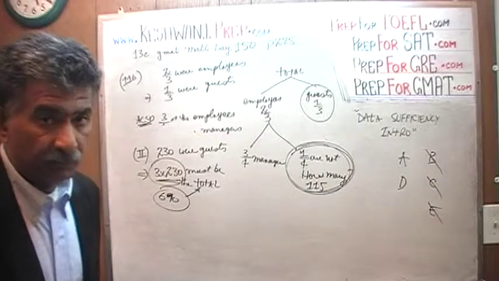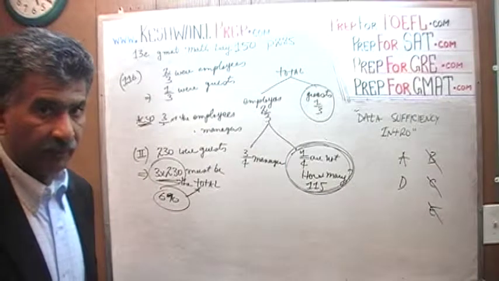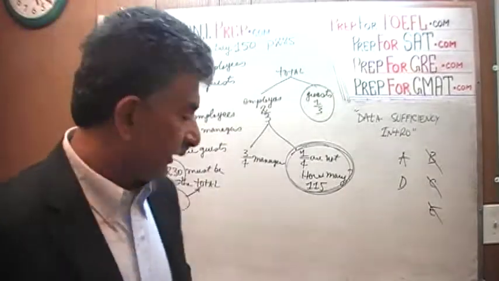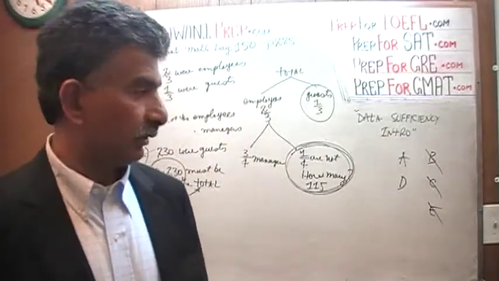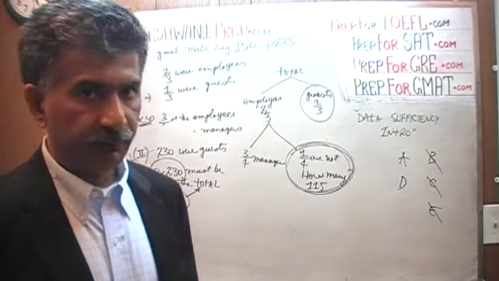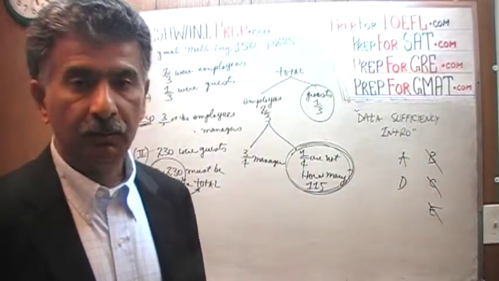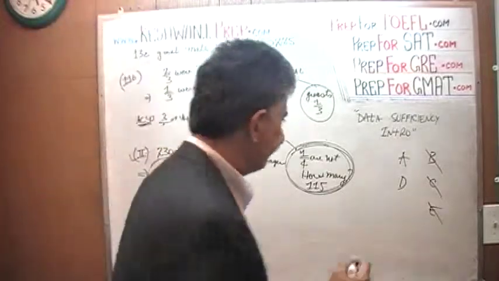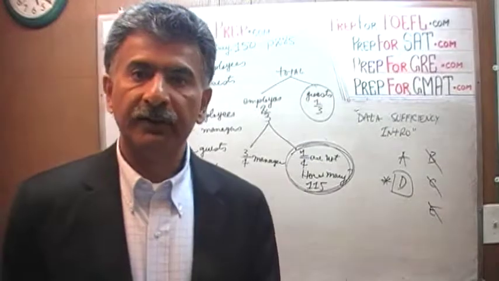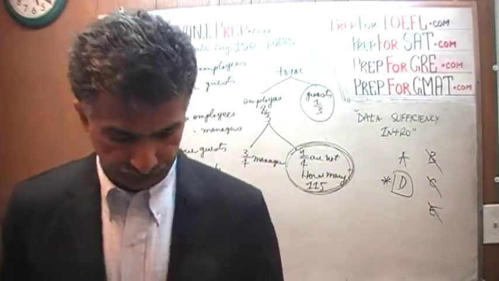So if the first statement by itself was enough, so is the second one, because we arrive at the same information, 690 total. Each statement by itself does the job. Therefore the answer is D.